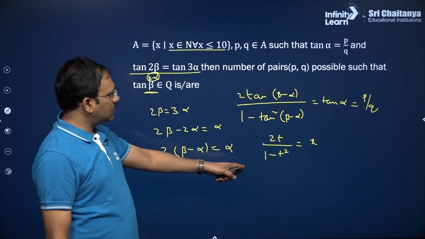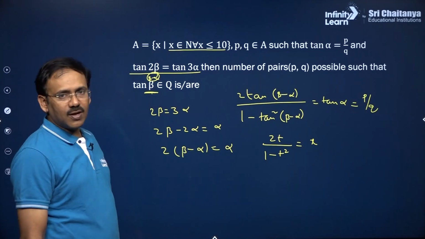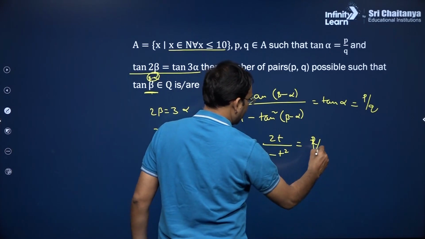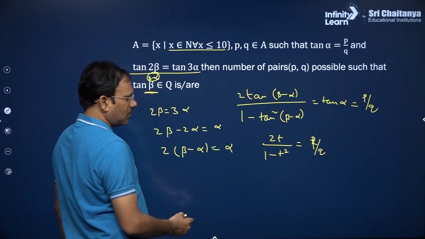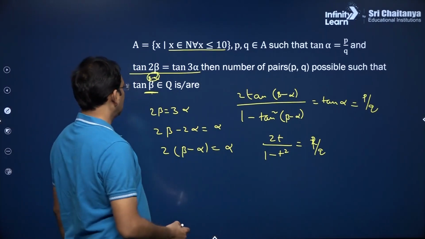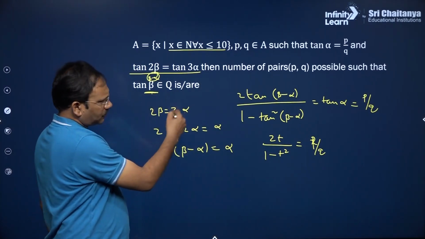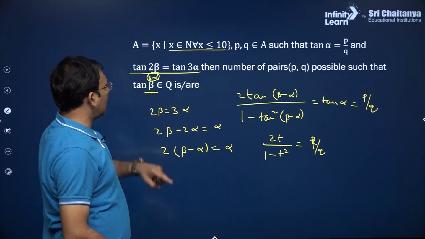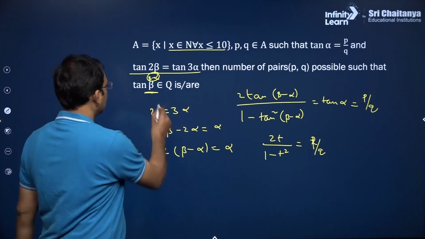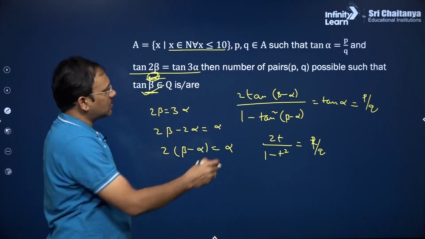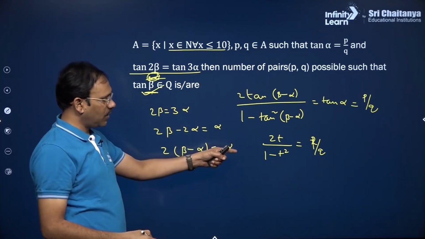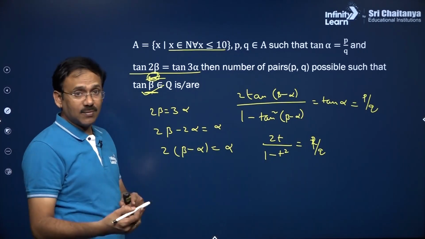If it is to be rational, you have to get a condition. Its discriminant must be a perfect square if you want t as rational. If tan beta is rational and tan alpha is rational, tan of (beta minus alpha) should also be rational. This data is enough. So 2t by 1 minus t square is equal to p by q for some rational number t.